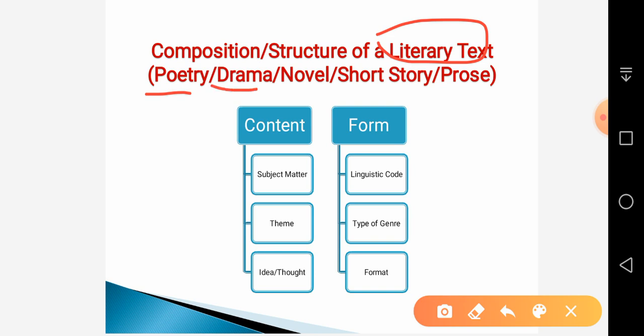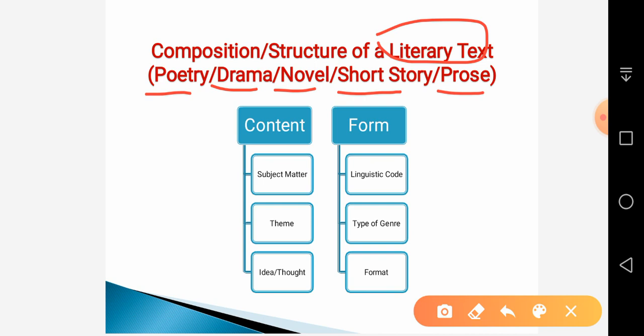It can be a drama, that is drama or play. It can be a tragic play, a tragedy, a comedy. It can be a history play, novel, or a short story, or a piece of prose, like a piece of essay. So all these are known as literary text or literary discourse. Or simply speaking, they are pieces of literature.